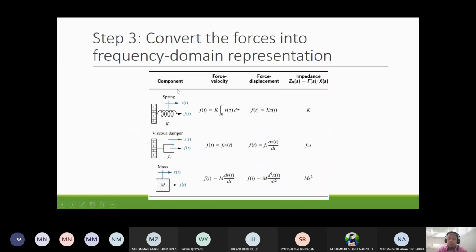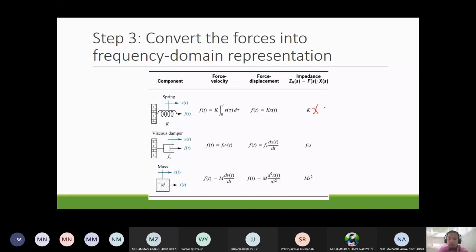So here is the conversion table for each of the forces. For the spring, it's k times x, k times displacement, in the time domain. To convert into the frequency domain, we use the Laplace transform, so it becomes k times X(s), or just k.